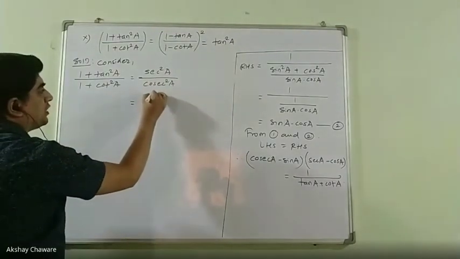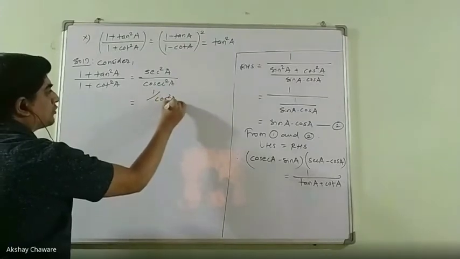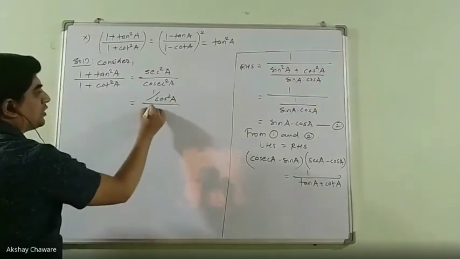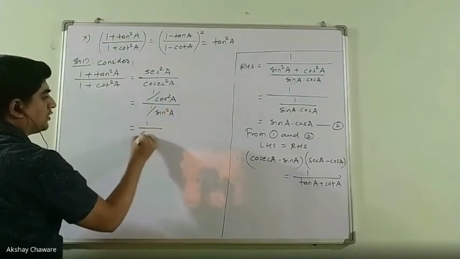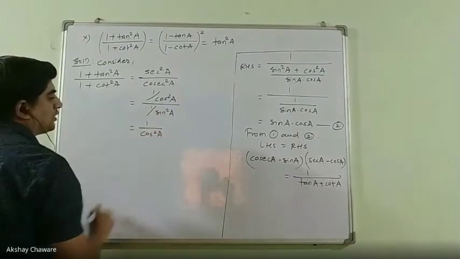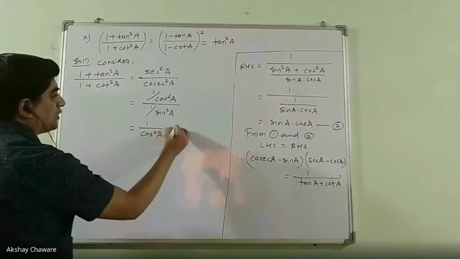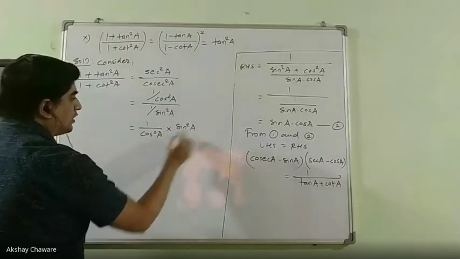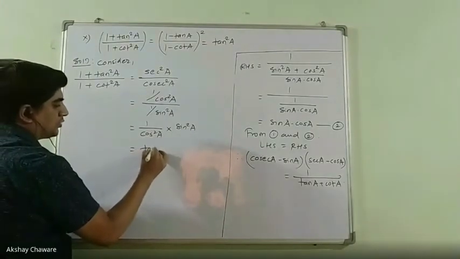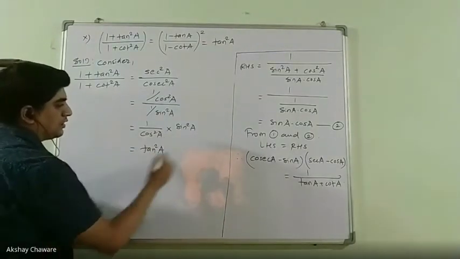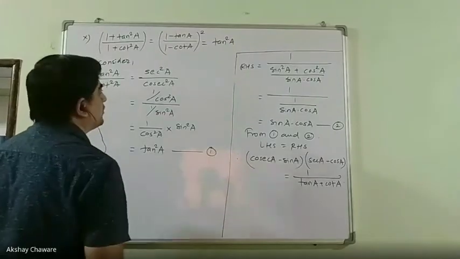So sec square A is 1 upon cos square A, and cosec square A is 1 upon sine square A. Taking the reciprocal of the denominator, we get 1 upon cos square A multiplied by sine square A. Now sine square A upon cos square A is tan square A. So this is your equation number 1.